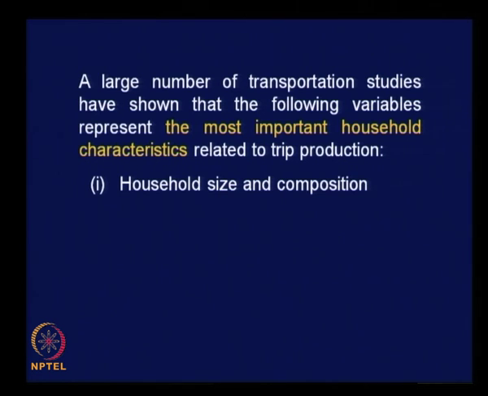In one household, the average age could be 50. In another household, the average age could be 20, right. The distribution of age of the individuals in a household is very important while understanding the trip production by households.